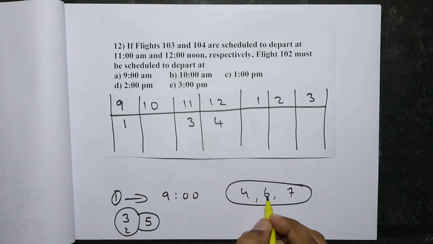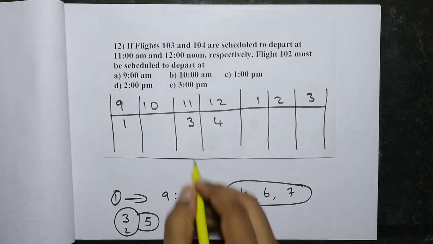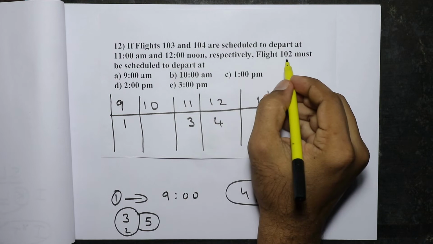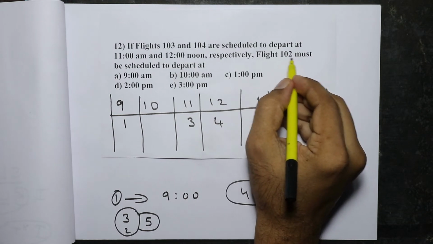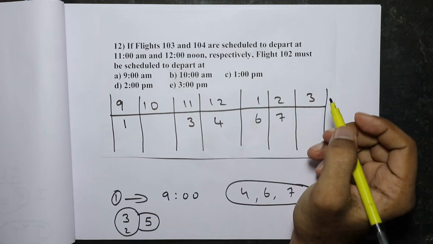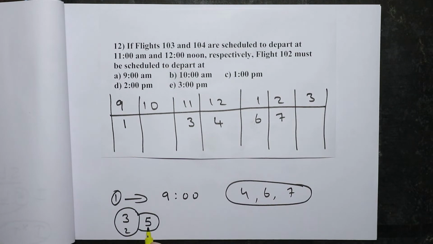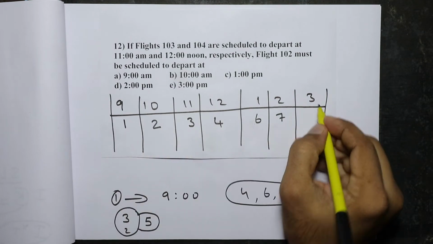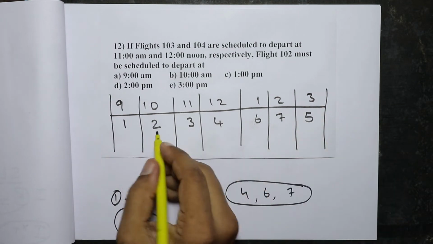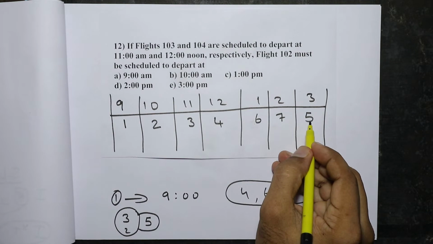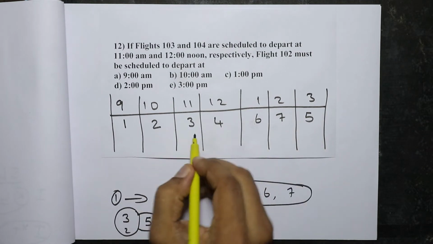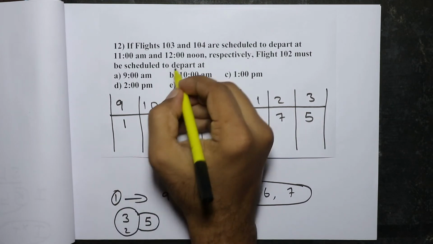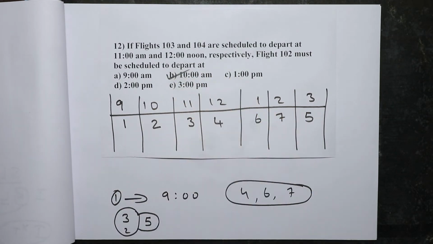Now 4, 6 and 7 in this order. And you need to find out at what time 2 is scheduled to depart. Now after 2 there should be 5. Only 2 spaces are there. So 2 should be at 10 and 5 should be at 3, so that both 2 and 3 are before 5. So 2 is scheduled to depart at 10. So option B, 10 is the right answer.